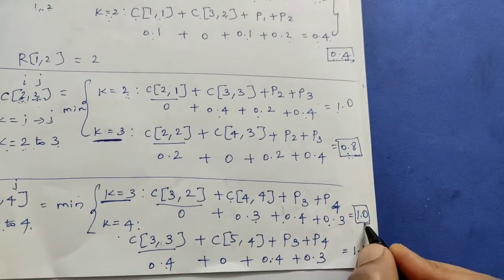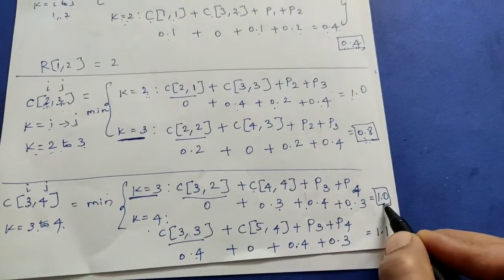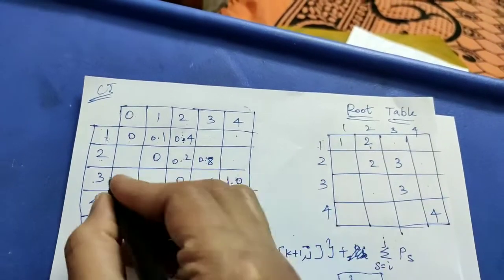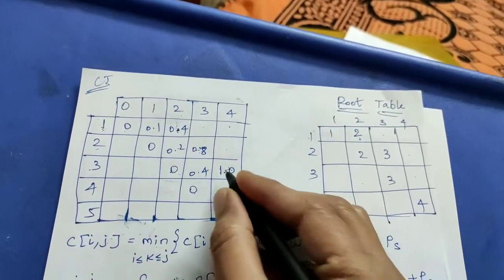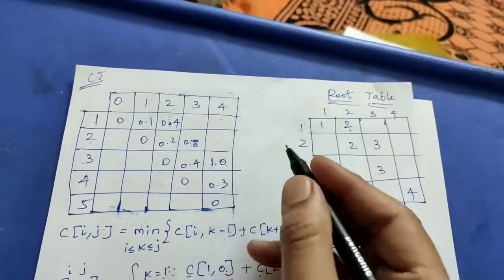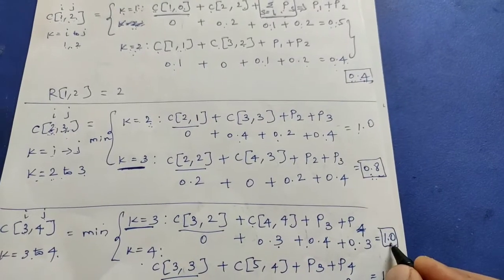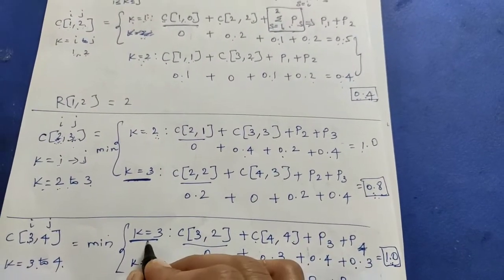So go to your cost table. In this location 3 comma 4, fill the value as 1.0. 3 comma 4 location of the cost table I have filled. 1.0 I have filled. That was a minimum which I got in this equation. Which k value has given you this as the minimum? K value is 3.